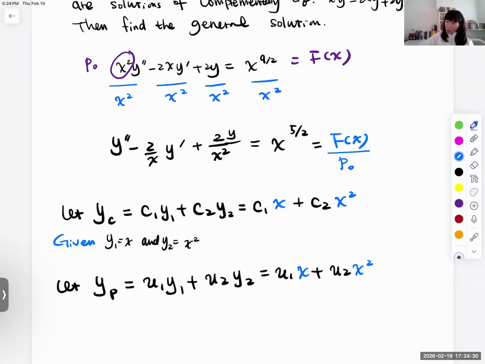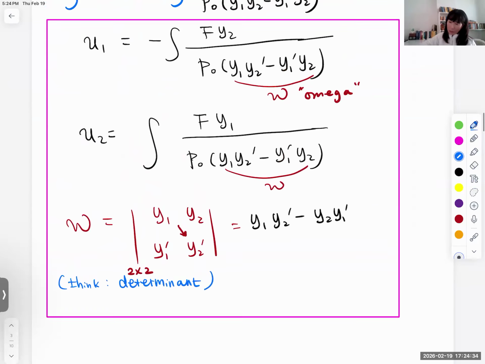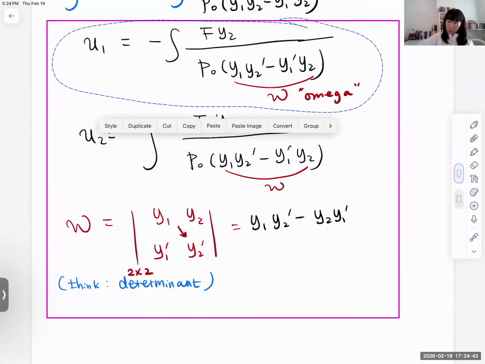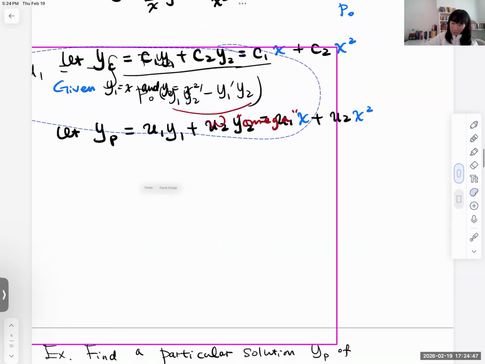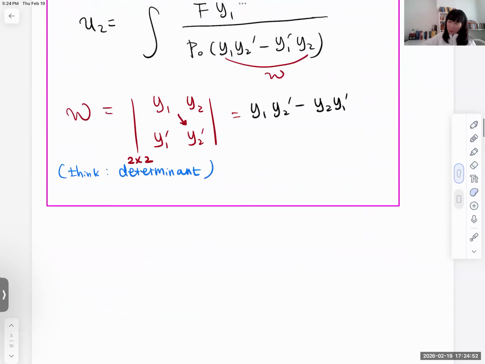Okay, now the formula, right? So the formula we have, let me just copy everything then.